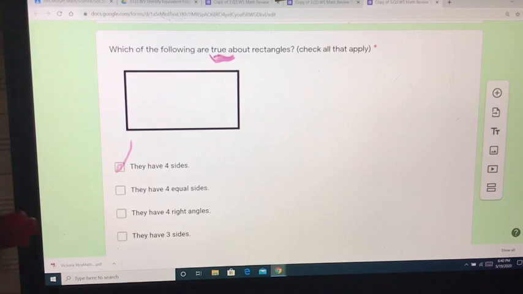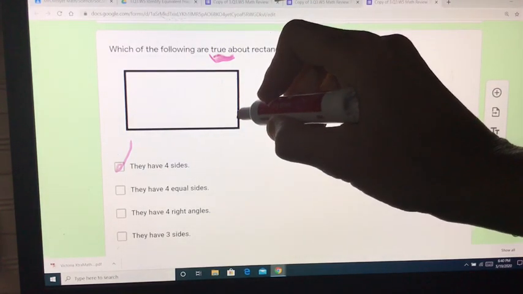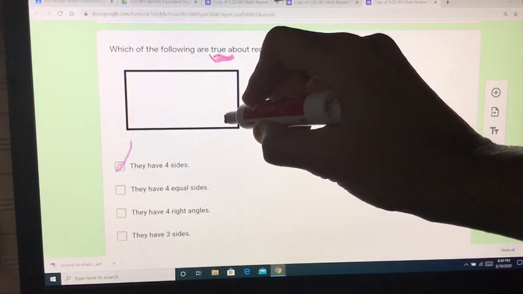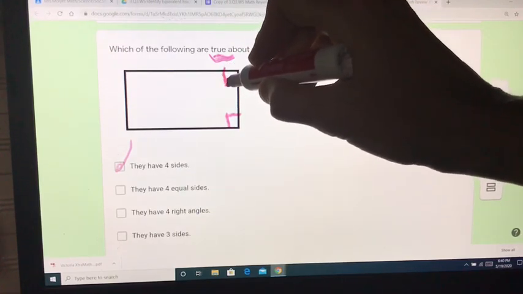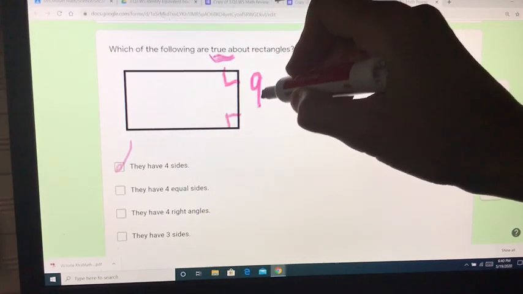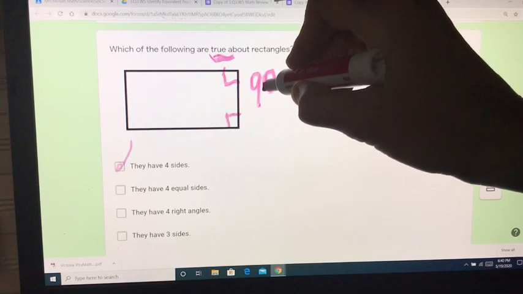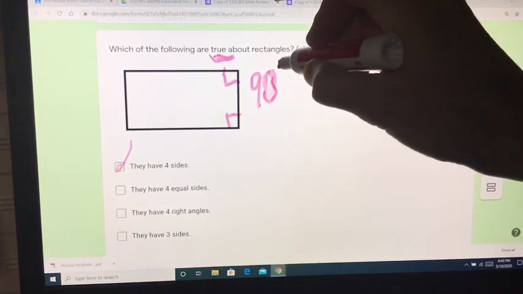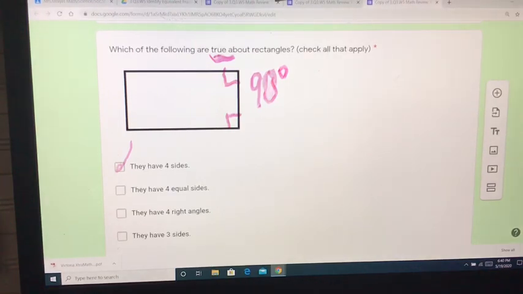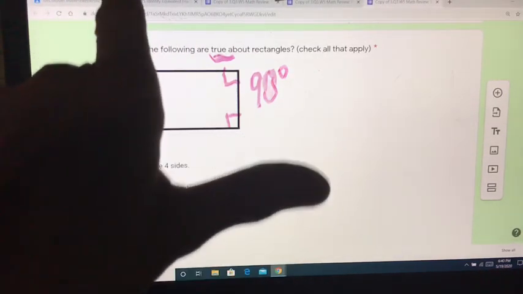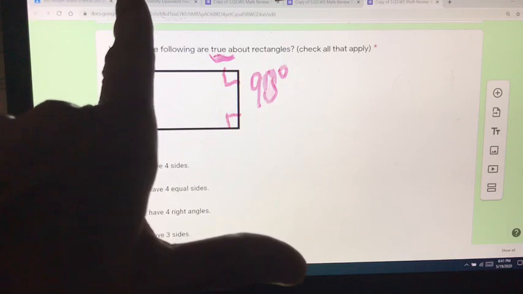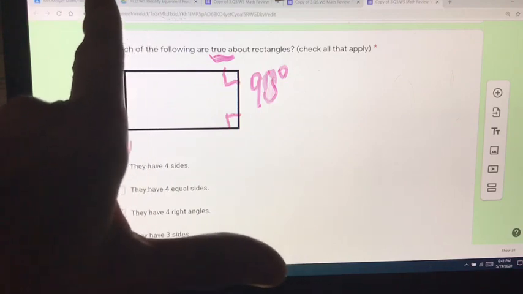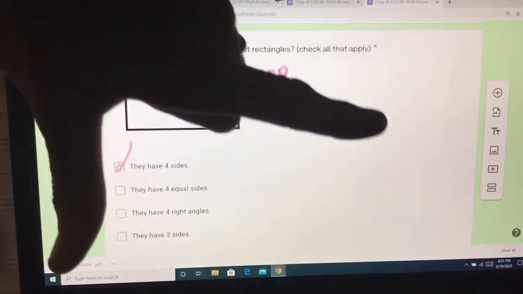And the next one says they have 4 right angles. So I'm going to look right here at my angles, and a right angle, if we remember, is 90 degrees, and it makes an L shape. Now the L can be like you normally look at a capital L. It can be turned in any direction, all right?